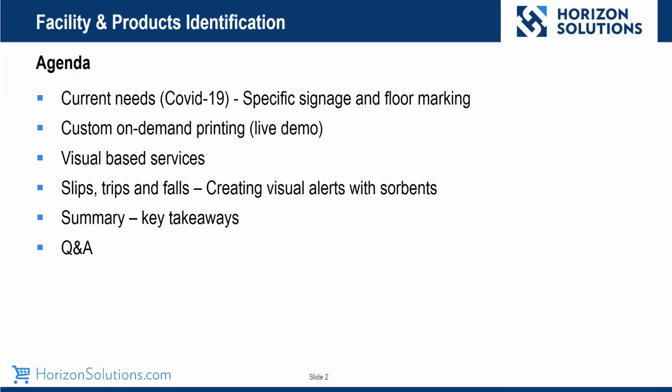We do want to go over our custom on-demand printing options as well. We're going to have a live demonstration with Daniel Johnston. We'll move from there to visual-based services, which will include Lockout Tagout, as well as Arc Flash. And then we'll end up with just a brief touch on slips, trips, and falls, and how to create really a visual atmosphere with the use of sorbents in your facility. And then obviously at the end, we'll go over a few key takeaways before we go into question and answer session.